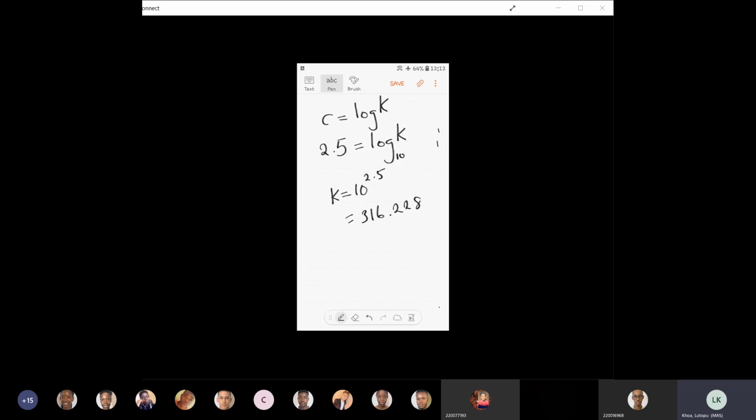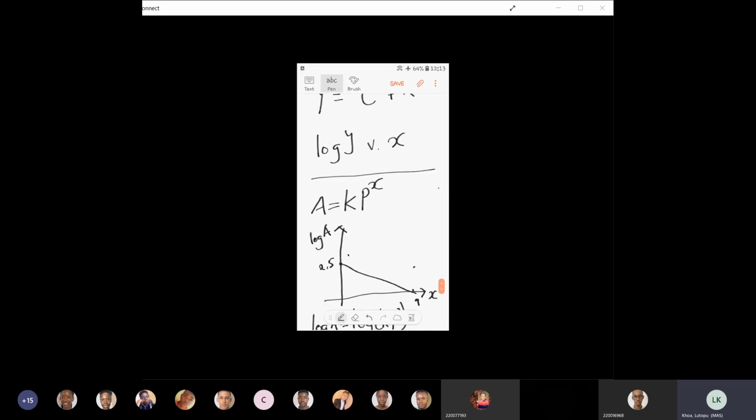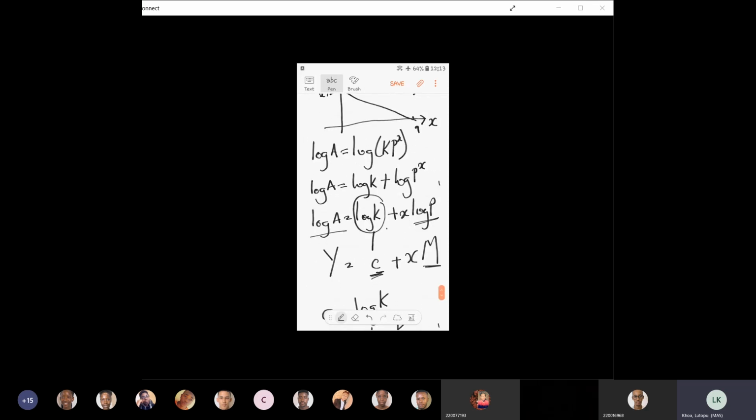So first thing I always have to do is change the relationship that I am given. So I'm just going over what I did before I solved the other one. So if I look at this relationship, it's exponential, but the graph that I have drawn is linear. So I went from exponential to linear. So that means I must first transform this exponential one into a linear function. And I did that by taking logs and then writing it in the form y is equal to mx plus c.